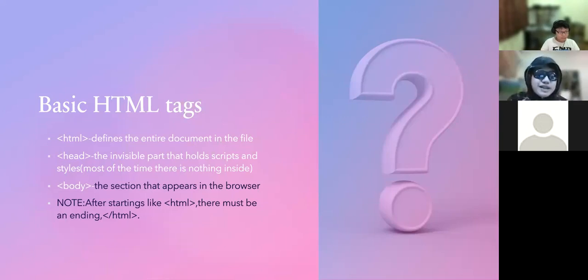So there must be a starting and an ending, similar to the markup. Head is the invisible part that holds scripts and styles. Most of the time, there's just head and slash head. There's usually no content in between them. But body, the section that appears in the browser, all the paragraphs, pictures are all between the body and the slash body.